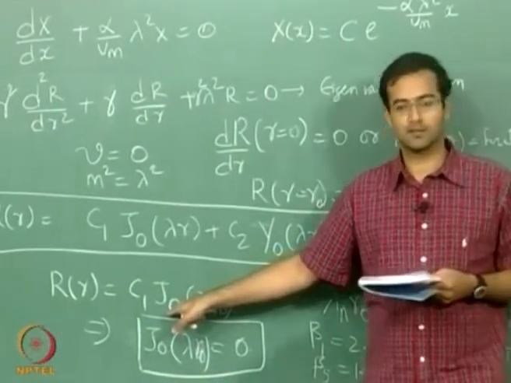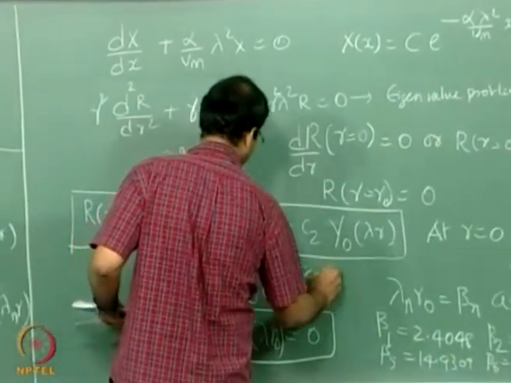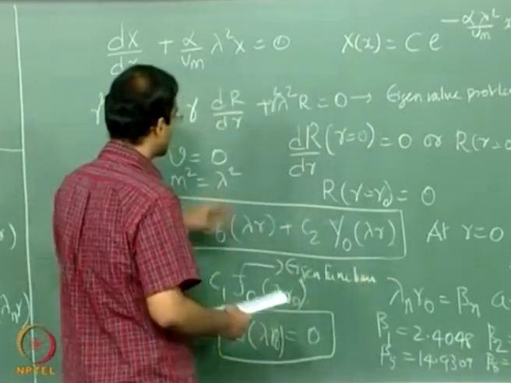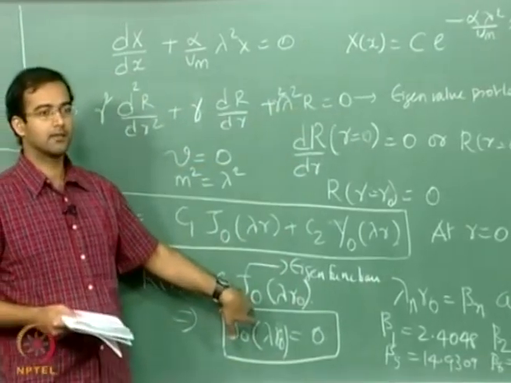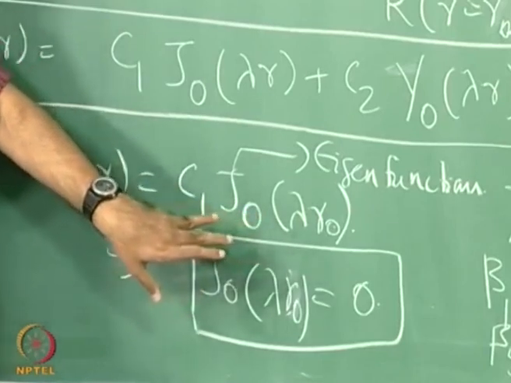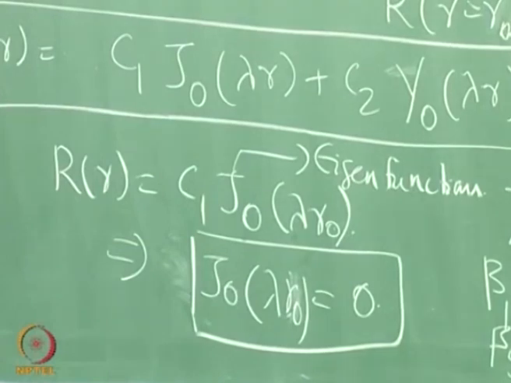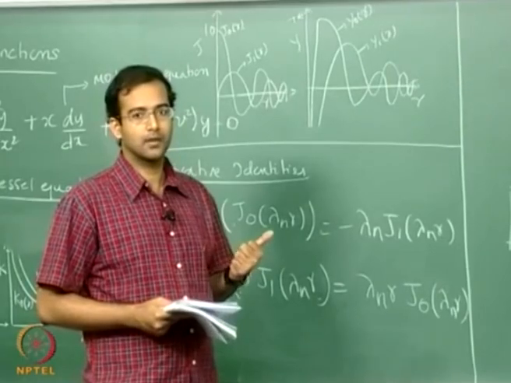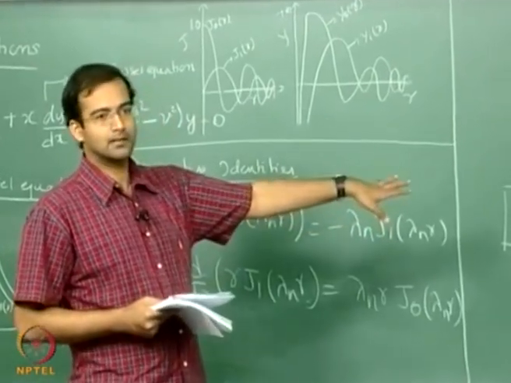So these are the corresponding eigenfunctions to the eigenvalue problem. So the solution to R is in terms of the Bessel function of the 0th order of the first kind. Now any eigenvalue problem where you determine your eigenfunction should satisfy the principle of orthogonality. We will see that it is very useful to determine the remaining constant.